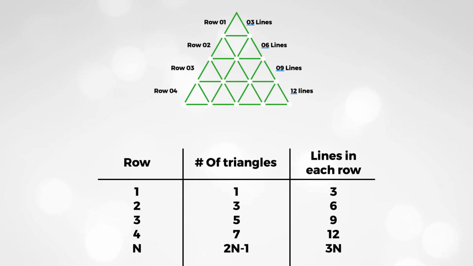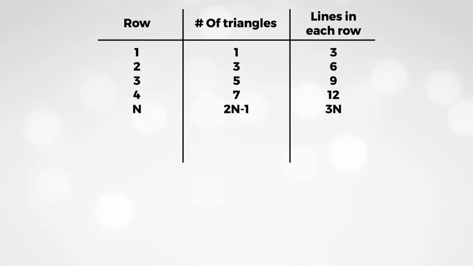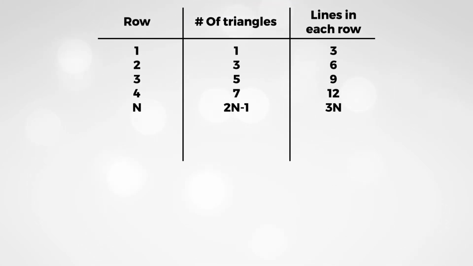So we want to figure out what is the total number of lines for a shape of that form that has 2021 rows. So if n is 2021, that means 2n minus 1 will be 4041, and 3n will be 6063.